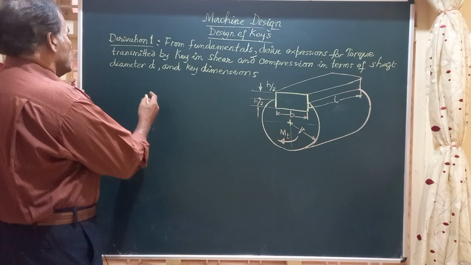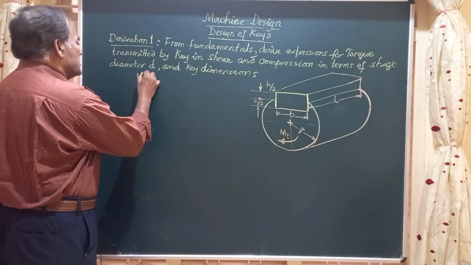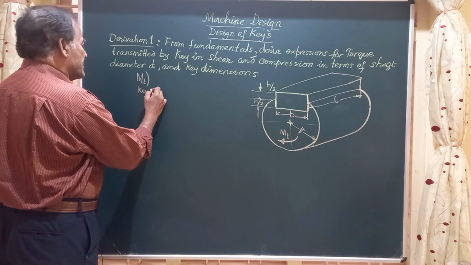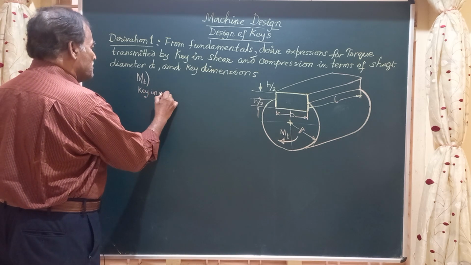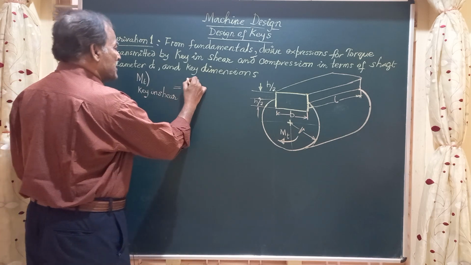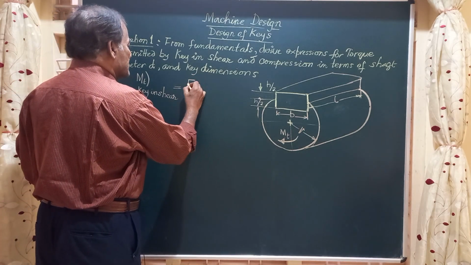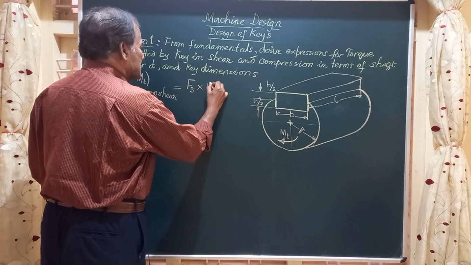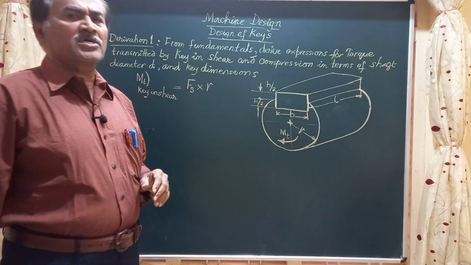So Mt, the torque transmitted in shear by the key, is equal to the shear force, which I call Fs, multiplied by the radius. So what is the shear force?